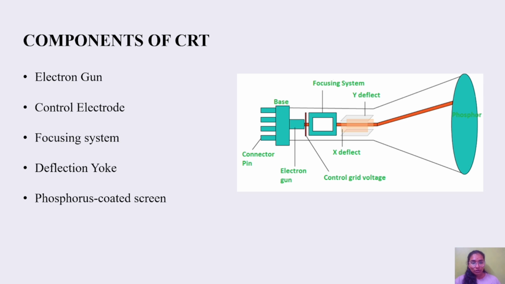The beam of electrons or cathode rays emitted by an electron gun is passed through the focusing system and the deflection system, which directs the beam towards a specified position on the phosphorus coated screen. The phosphor then emits a small spot of light at each position contacted by the electron beam.